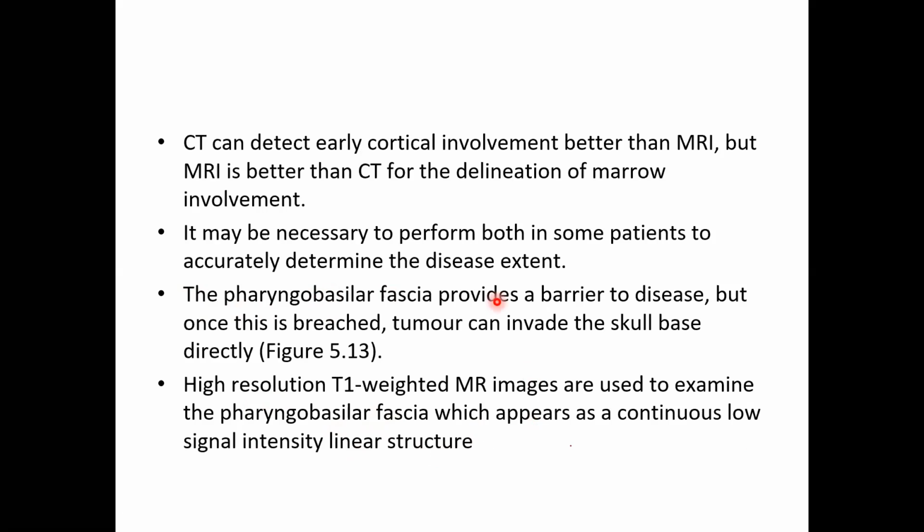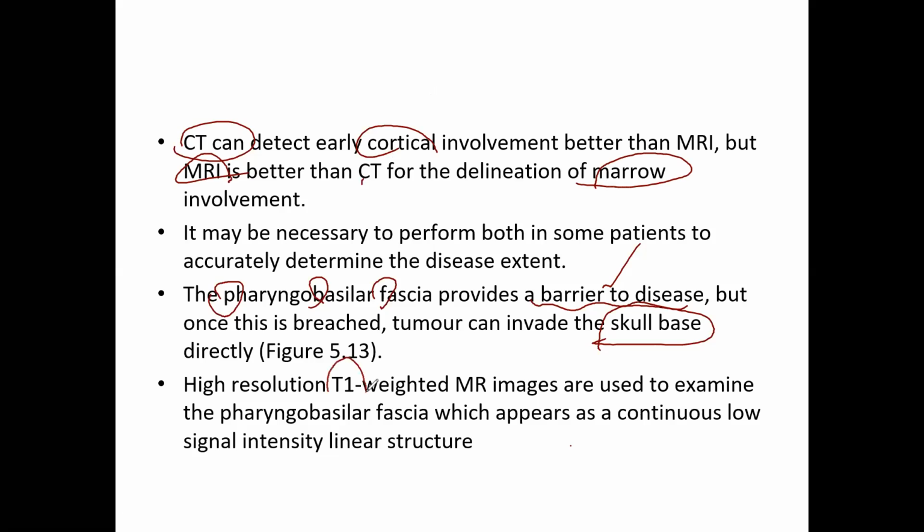The pharyngobasilar fascia, that is PBF, is very important for us to keep in mind. Whether it is breached or not will determine the spread towards the skull base. So the pharyngobasilar fascia is a good barrier to the disease. It will prevent the skull base erosion. You can go for CT scan for early cortical involvement, and MRI for bone marrow involvement. In some patients we have to go for both.